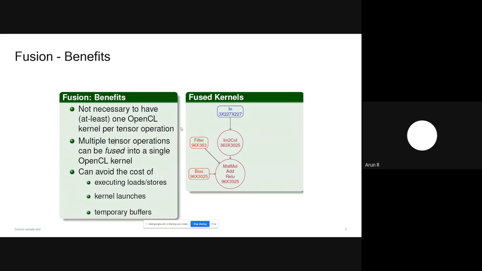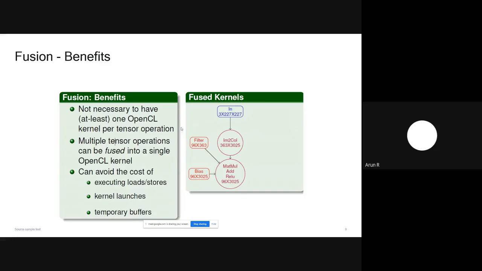By not having at least one OpenCL kernel, we also avoid the cost of starting a kernel. Starting a kernel also has some runtime overhead. So that's also one of the benefits of fusion.